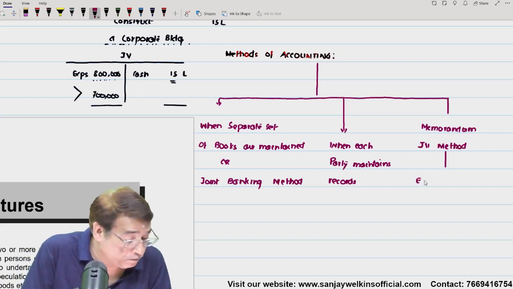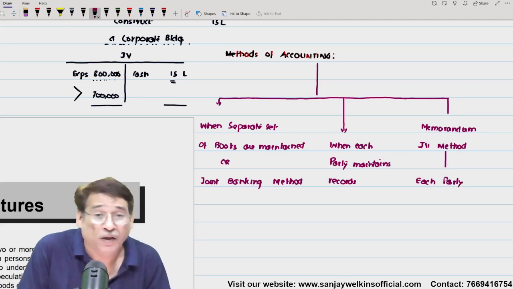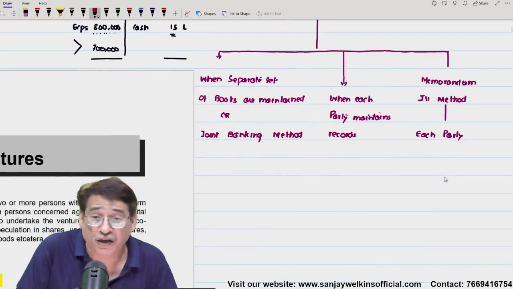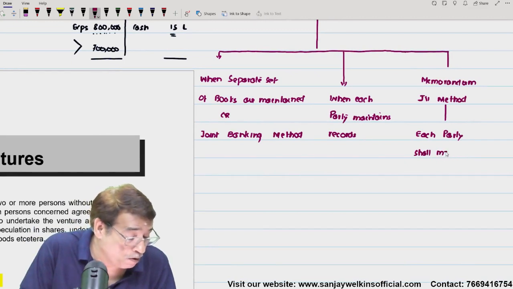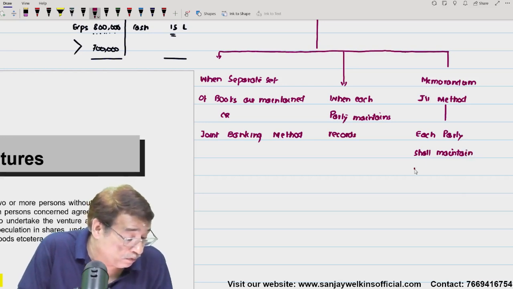each party, meaning each co-venturer, shall maintain records.